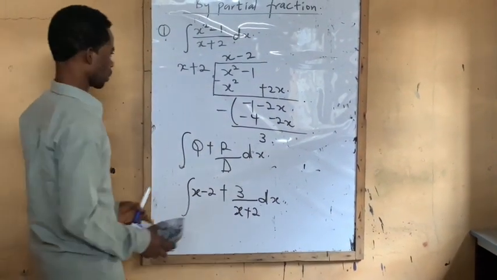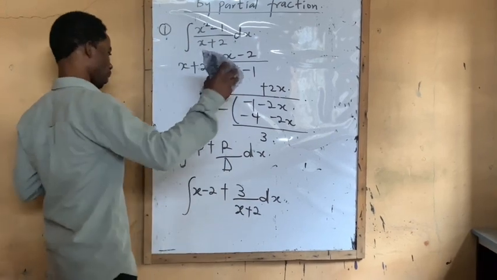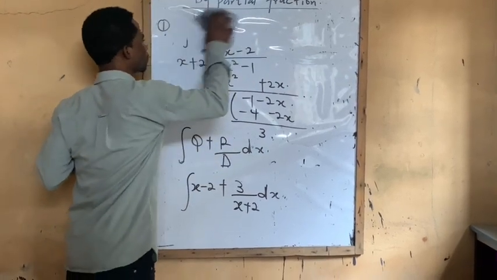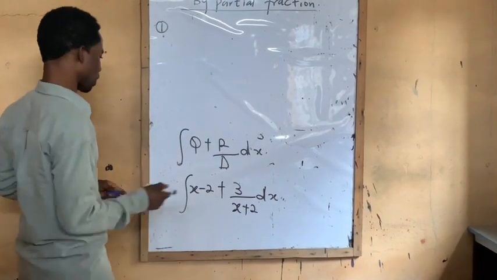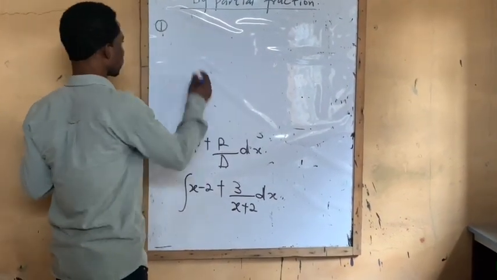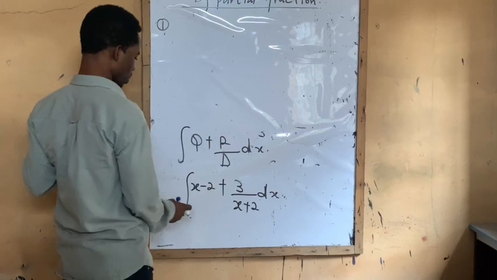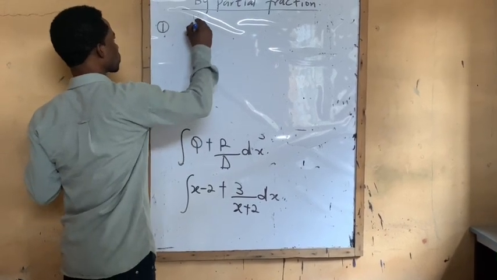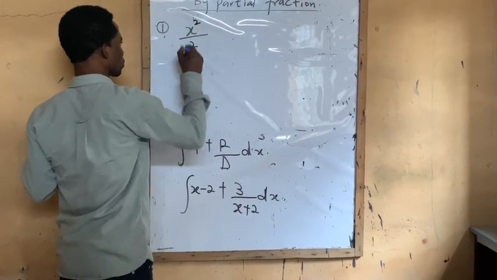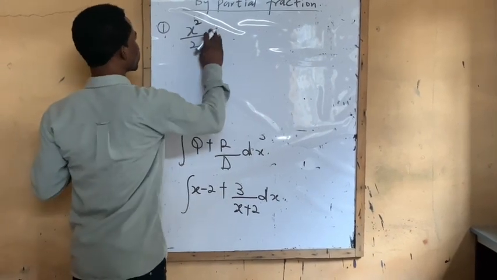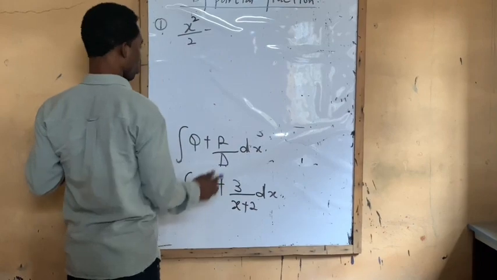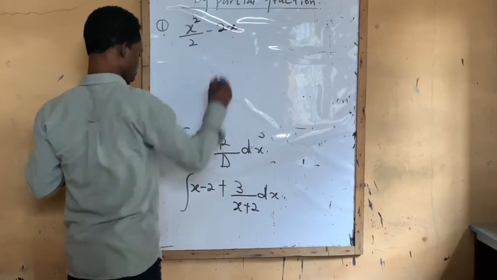So I believe we see the pattern of divisions here. So after that, what we do is that if I integrate x, what will it give me? Remember that will be x squared all over 2. Minus, if I integrate 2, that will give me 2x. If we integrate a single number, that will be 2x.